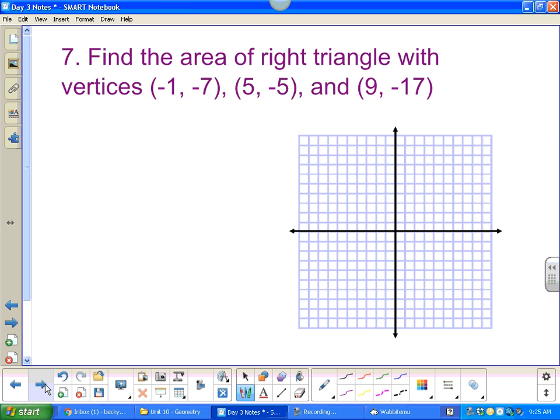So find the area. Okay, so -1, -7. And again, I'm going to label as I go. 5, -5. And 9, -17.